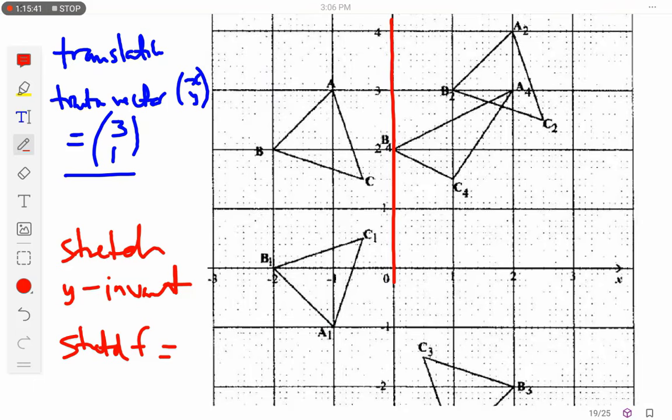So let me take point A. This is the image. So from 0, which is on this line on y, to A4, over all to A, I'm taking these points here.